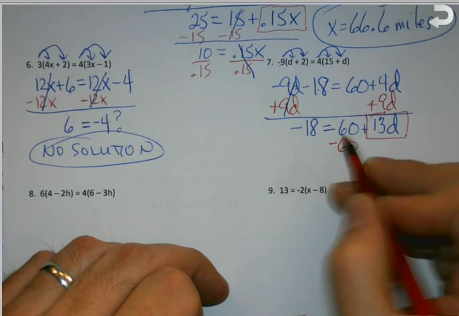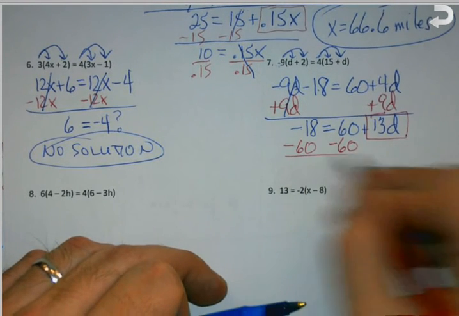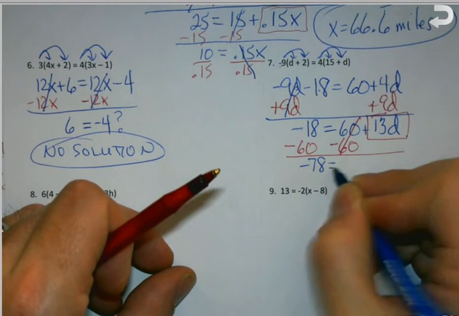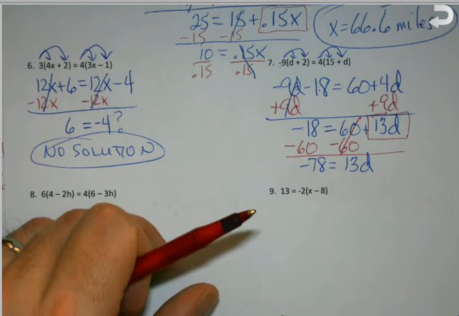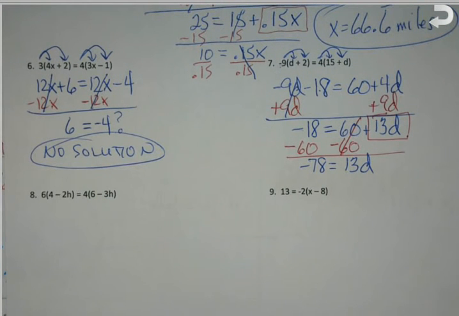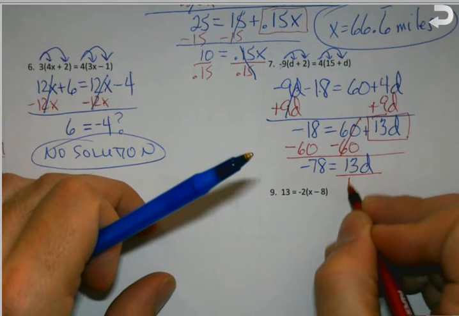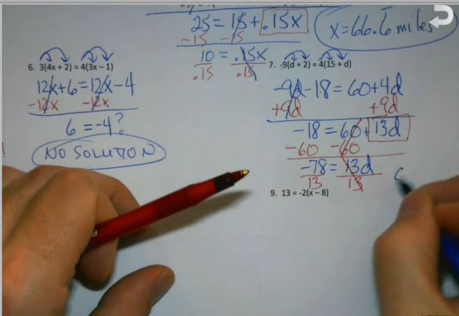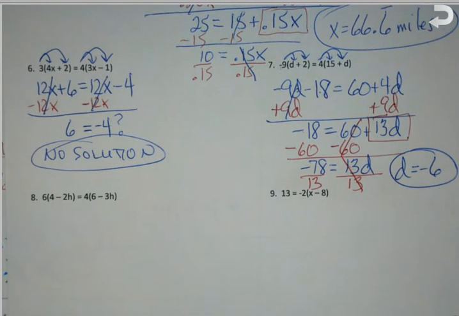Because I'm adding it to the 13b, and since it's a positive 60, I do the opposite, which is minus or negative. Yeah, because remember, when we're adding, negative. Correct. Negative times negative is positive. D is going to be negative 6. I know, gracious.